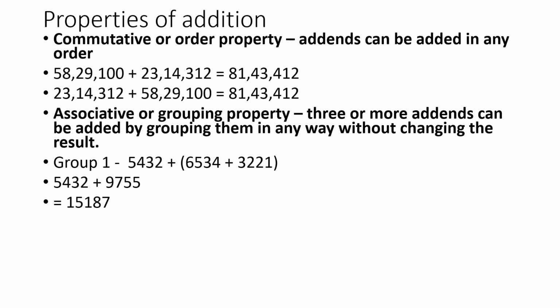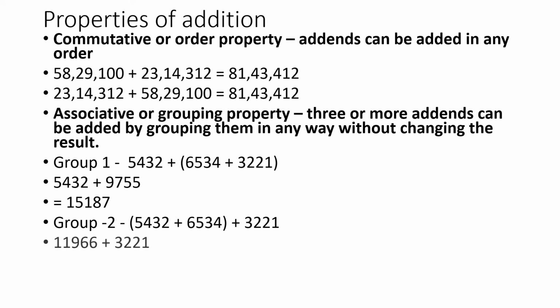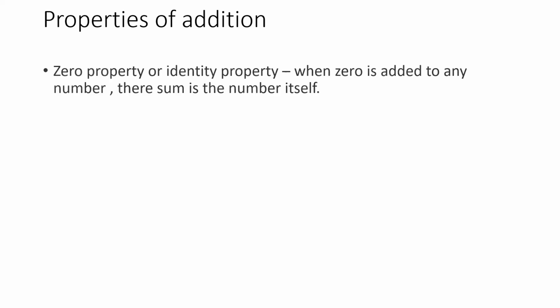But if we change the group, if we add 5,432 and 6,534 first, and then add 3,221, it will be 11,966 plus 3,221, but the final answer will be the same, that is 15,187.